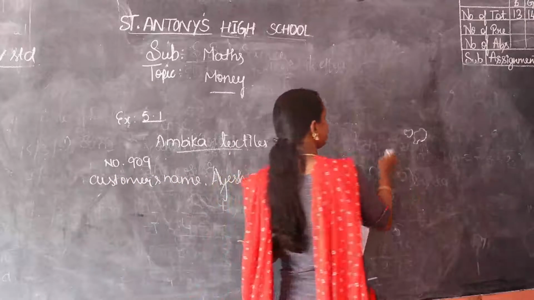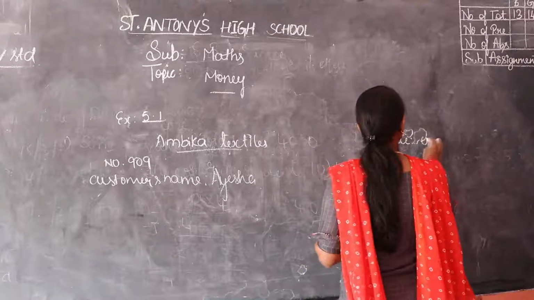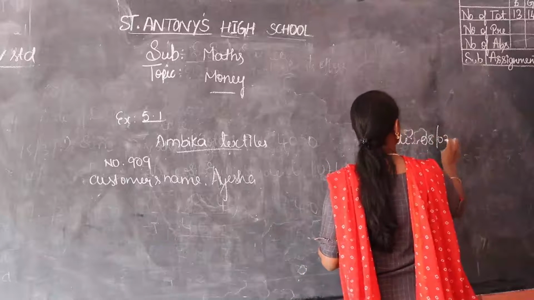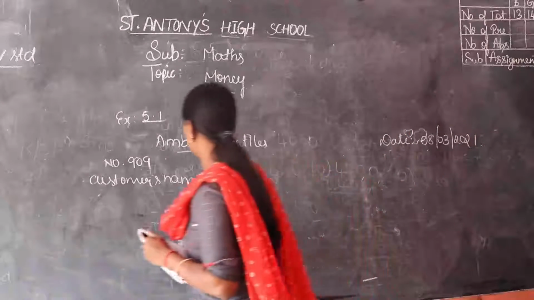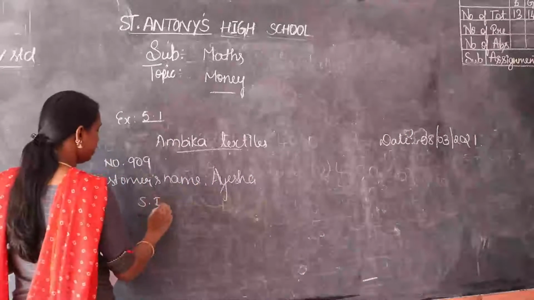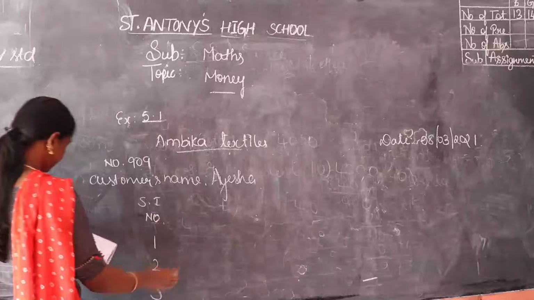On the right side of the bill, a date is mentioned. The date is 8/3/2021. In the column we can see the serial numbers 1, 2, 3.